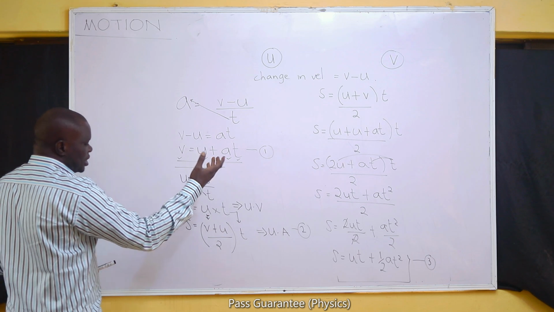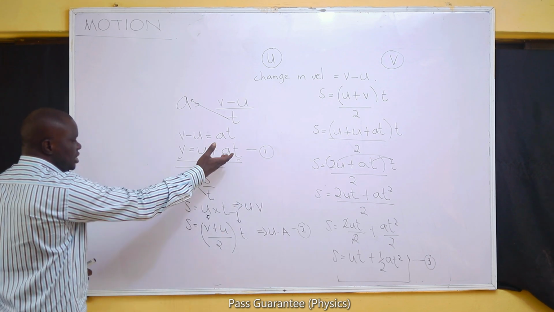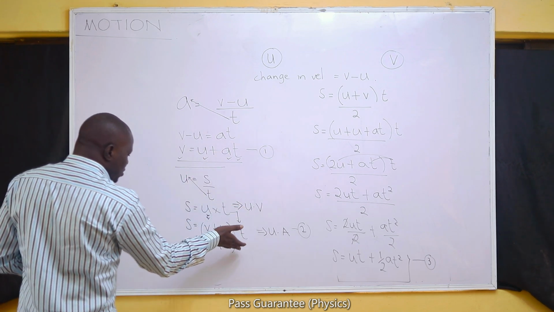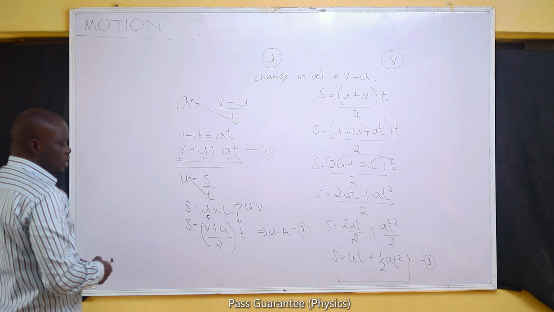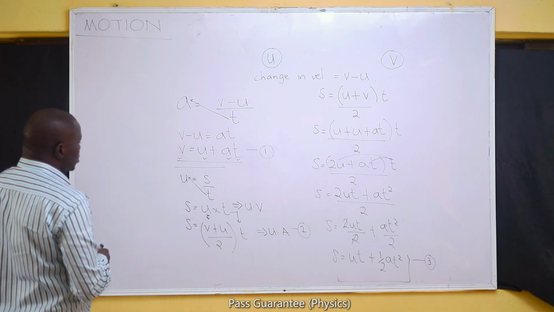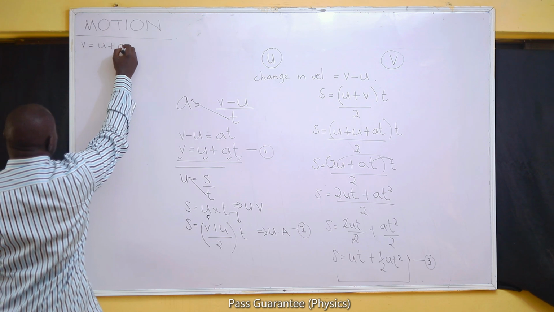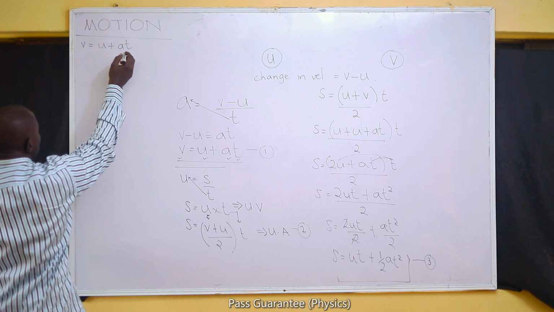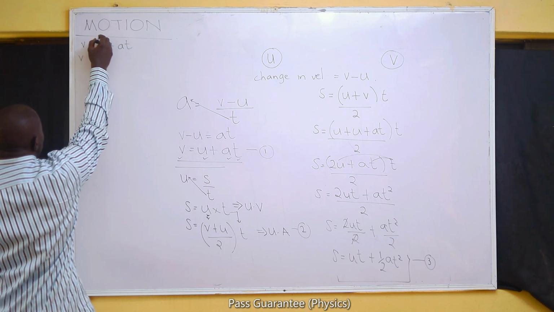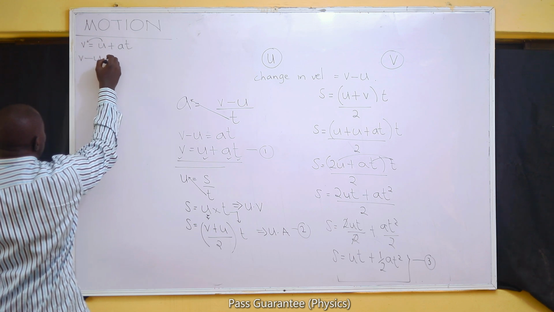If I make my t the subject of the formula in the first equation, and I still substitute it into the second equation, I should be left with another equation. I have v is equal to u plus at. If that is the case, then I can bring u to the other side. It becomes v minus u is equal to at.